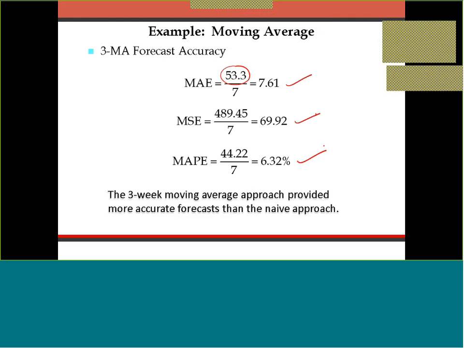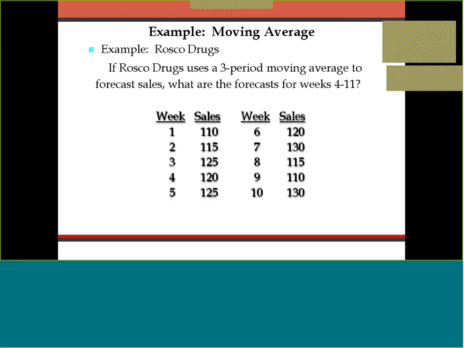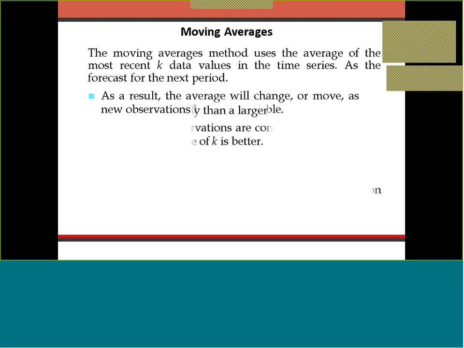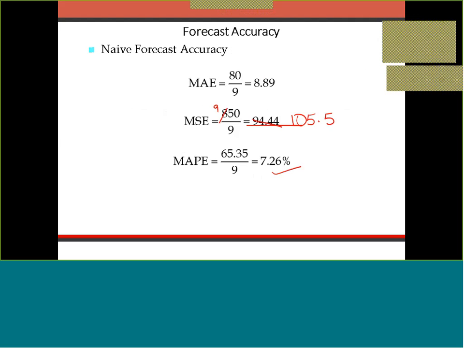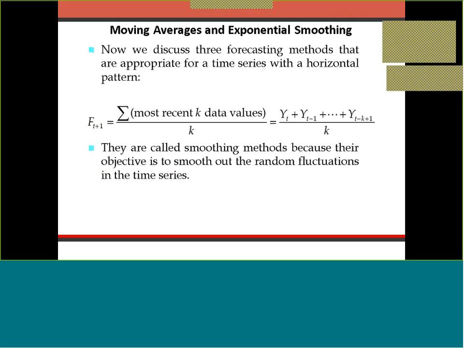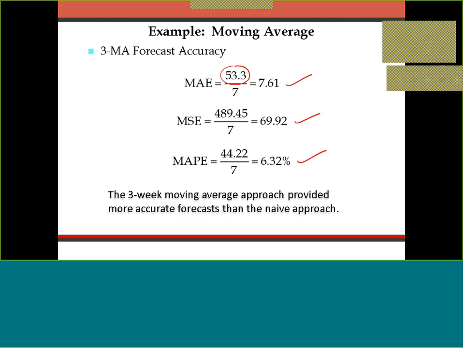So if you compare with the naive forecast method, in the naive forecast method you see MAE is 8.89, and MSE is 105.5. So which error is low?